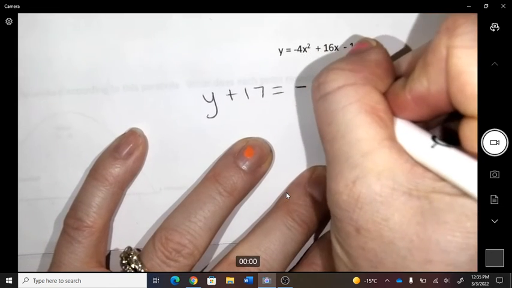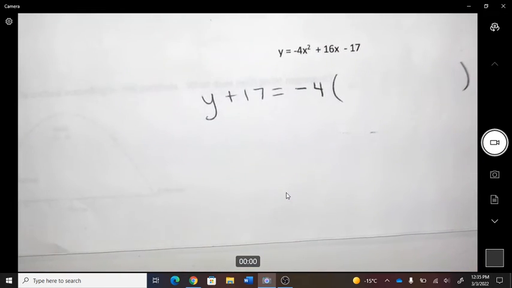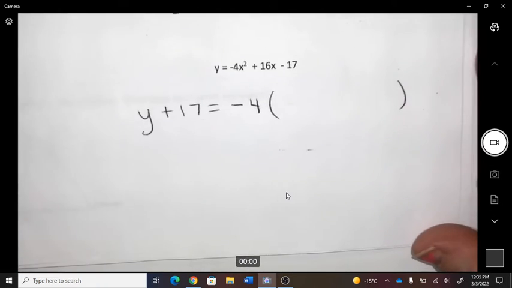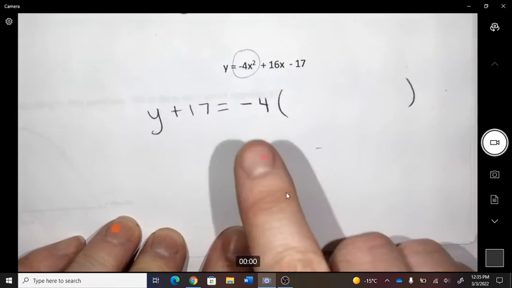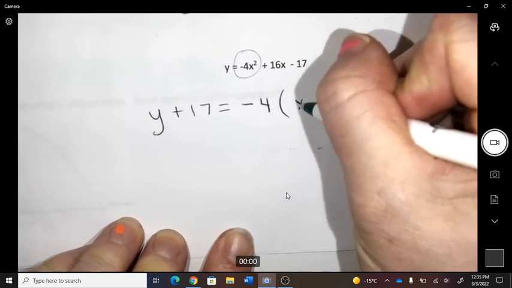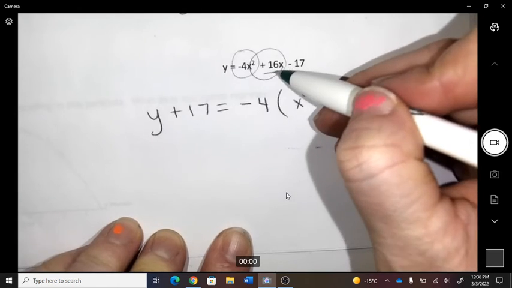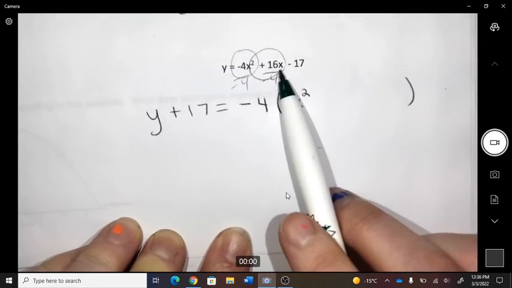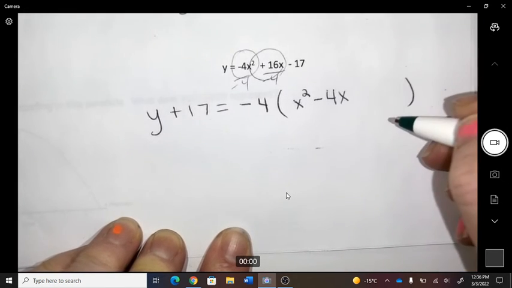I'm going to get my negative 4 out. If I take a negative 4 out of that, it becomes just an x squared. If I divide by negative 4, what do you get? That would be negative 4x.